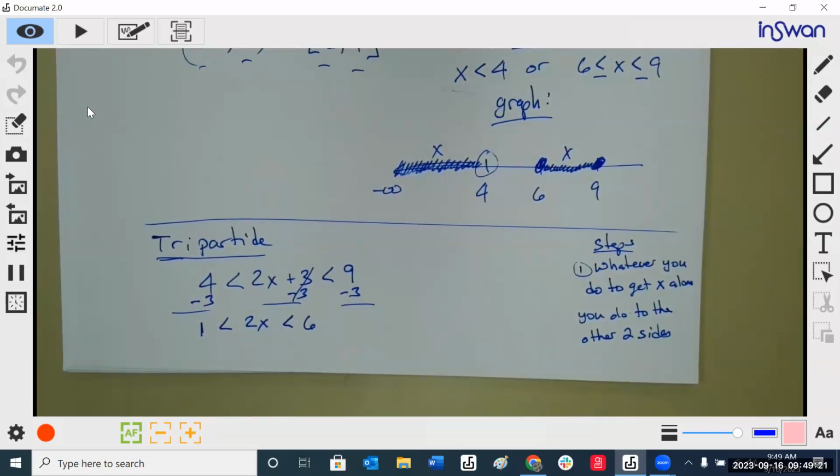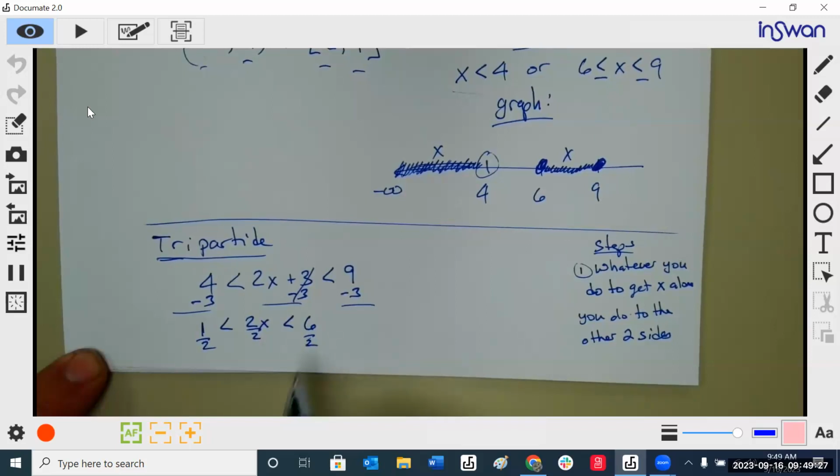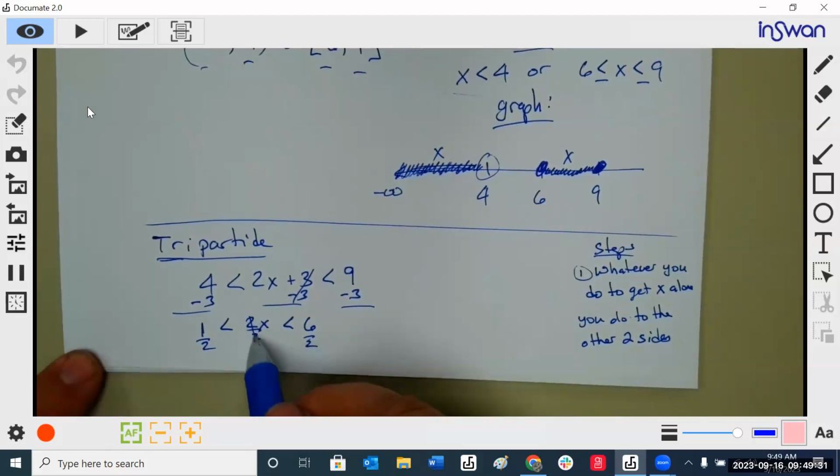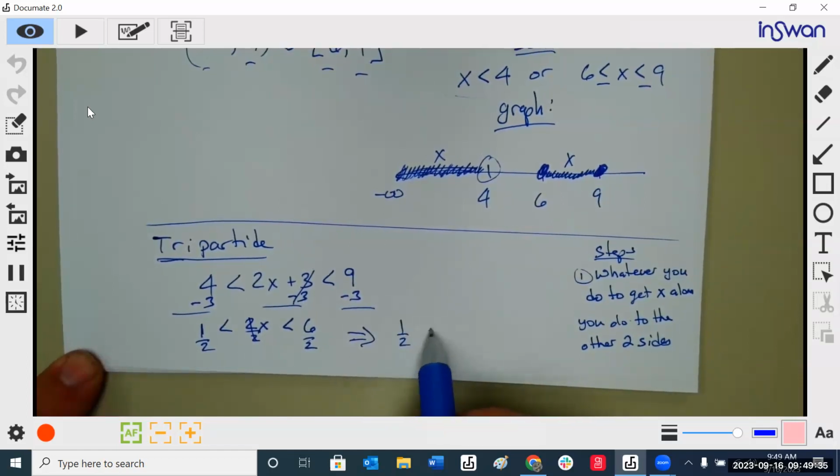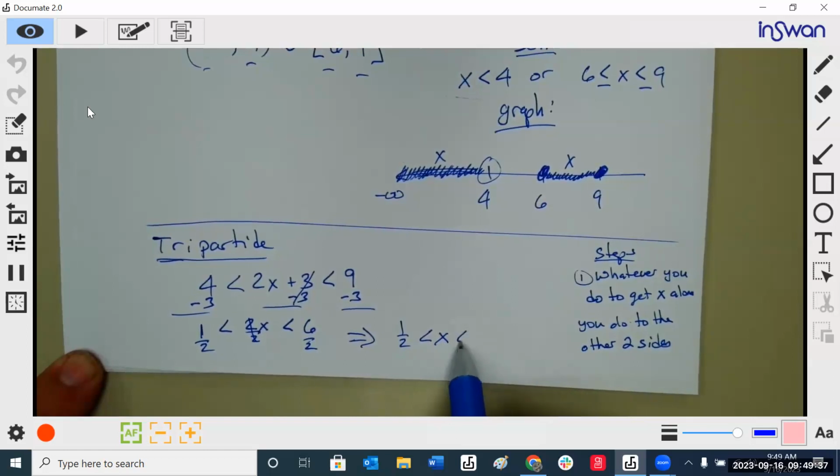Next step. And then divide by 2. I divide this one by 2, I divide this one by 2, and I divide that one by 2. Those cancel. So my answer becomes 1/2 is less than X is less than 3.